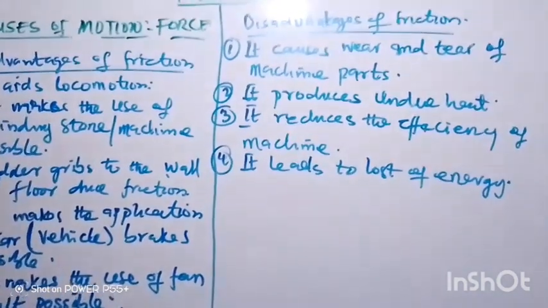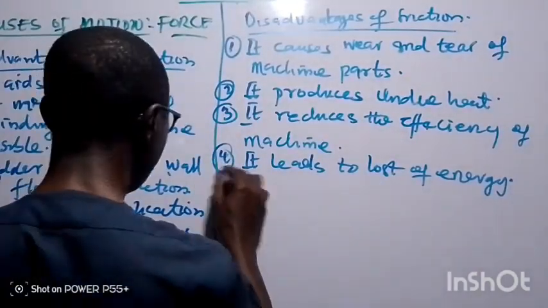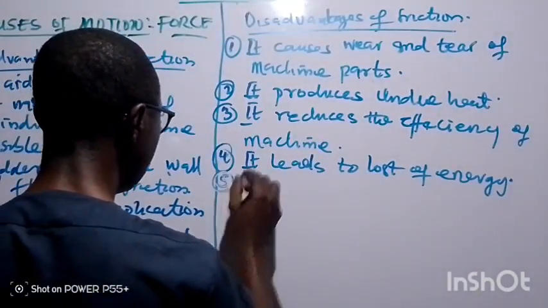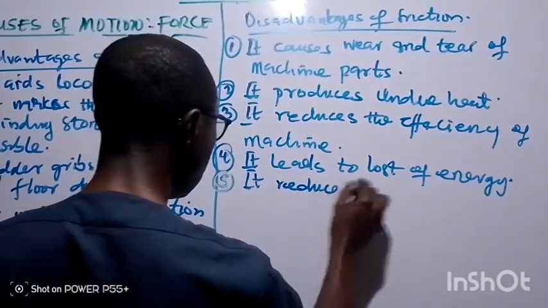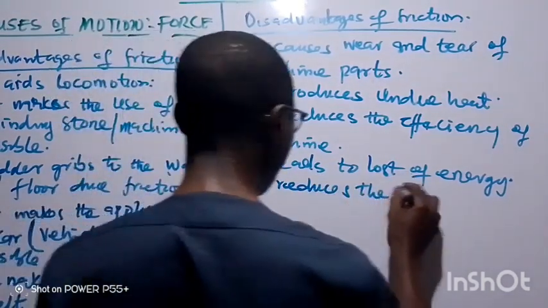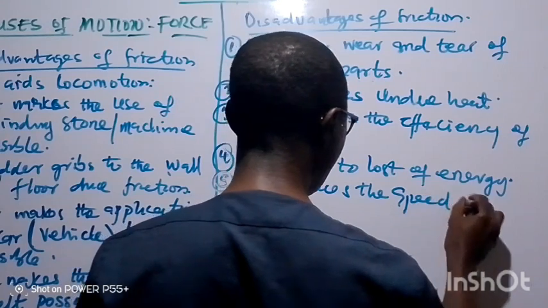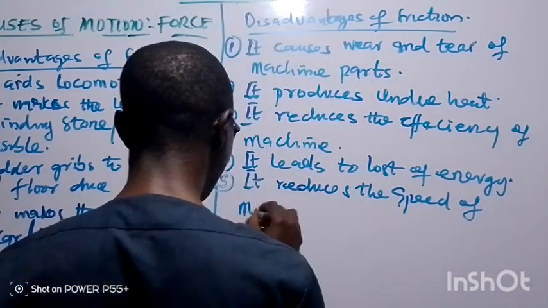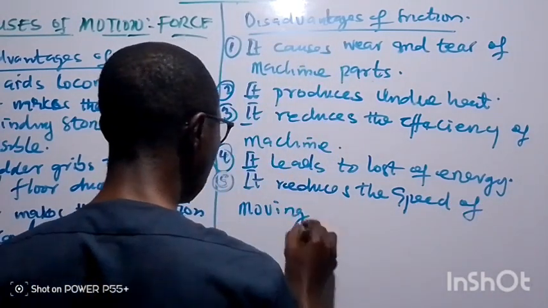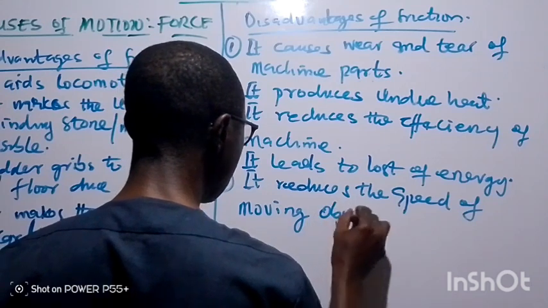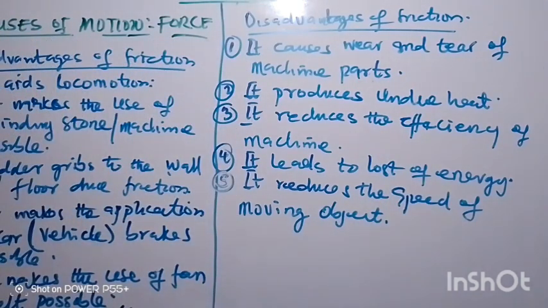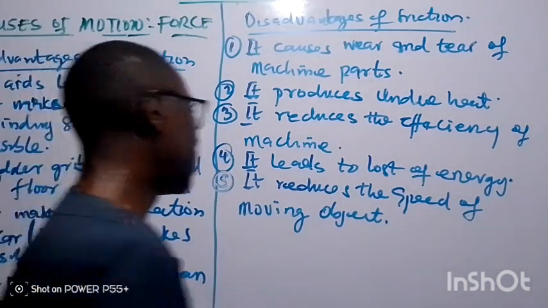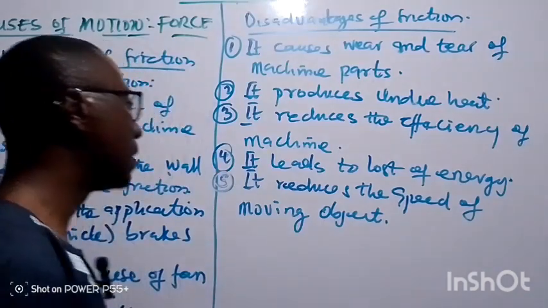Number five, it reduces the speed of moving objects. As the object is moving, due to friction, the speed will be gradually reducing.